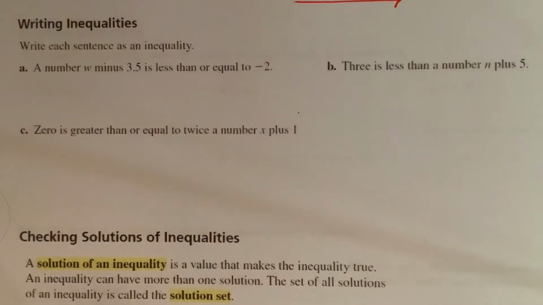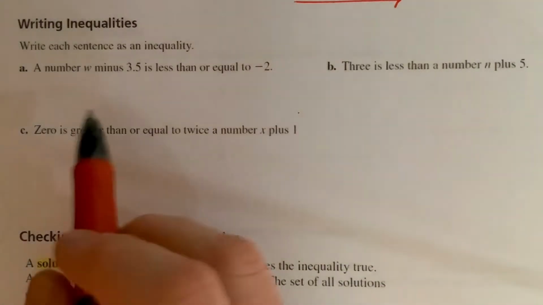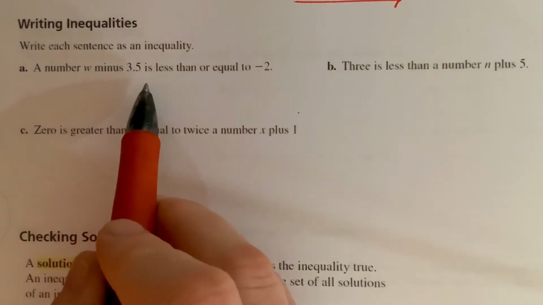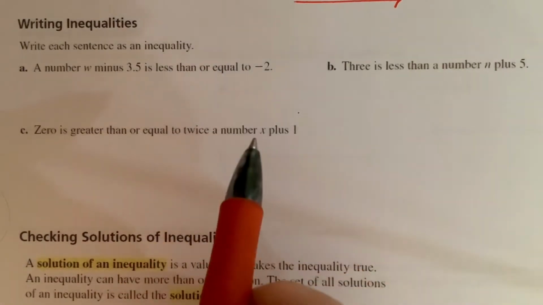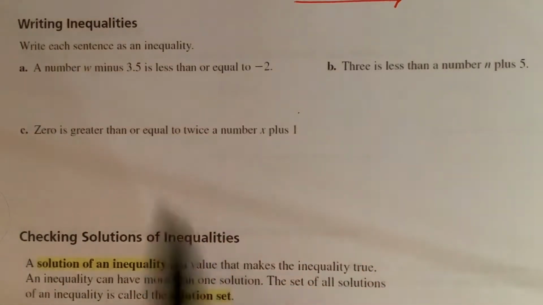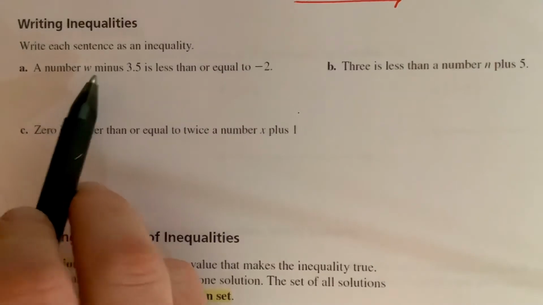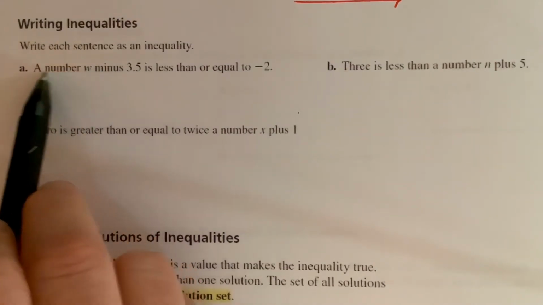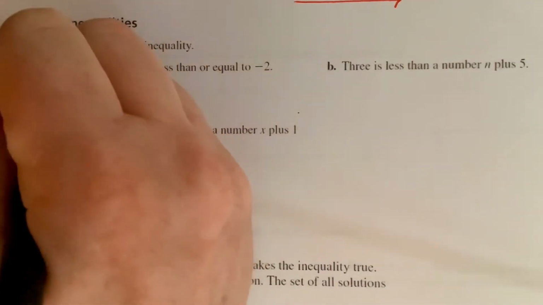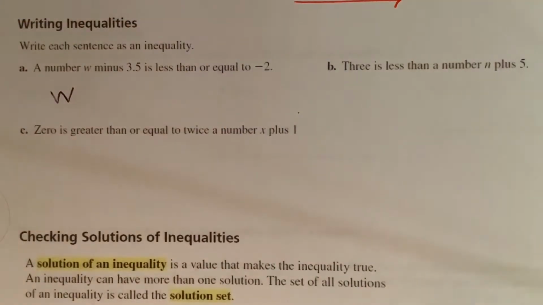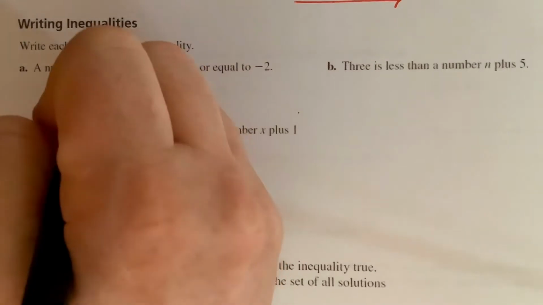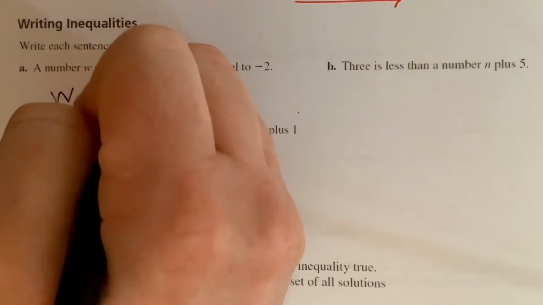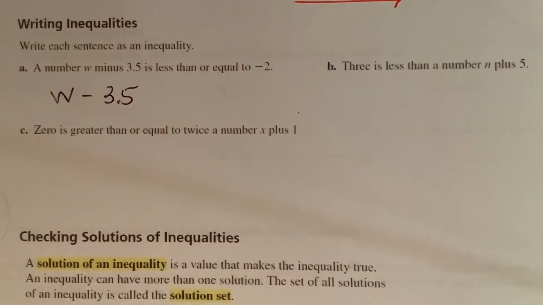Okay, so for this first one, it says a number, W, minus 3.5 is less than or equal to negative 2. So when we say a number W, obviously W is not a number, but it's a variable that represents an unknown number. So W minus 3.5. Hopefully you brushed up on translating your verbal expressions to algebraic.